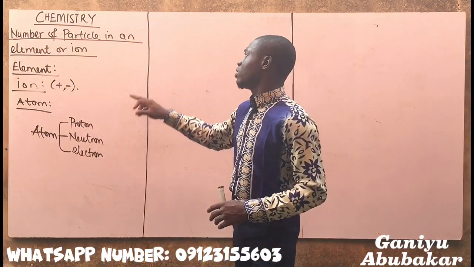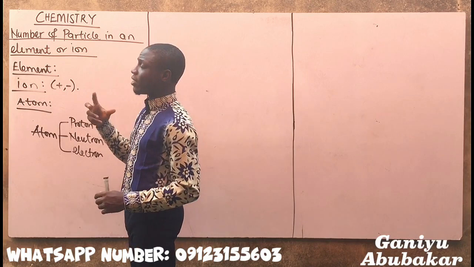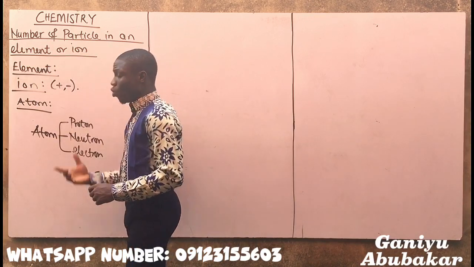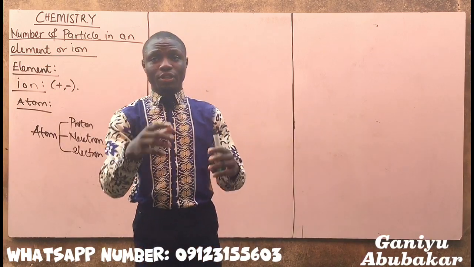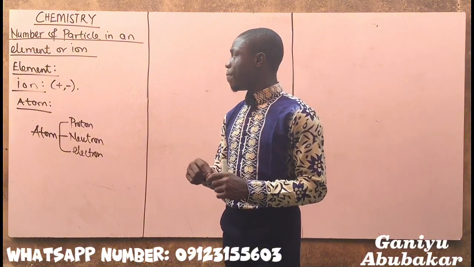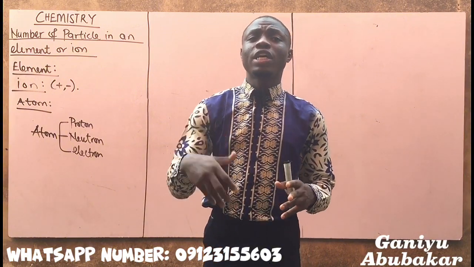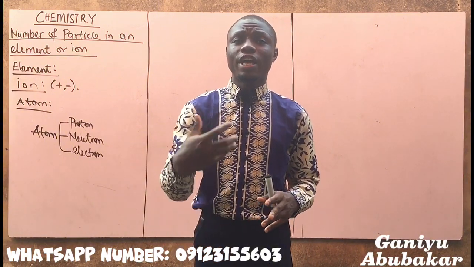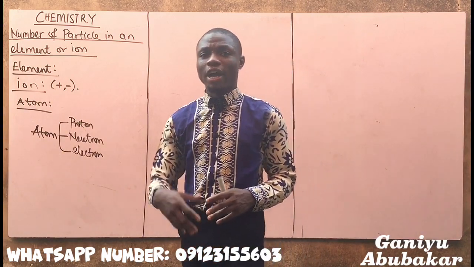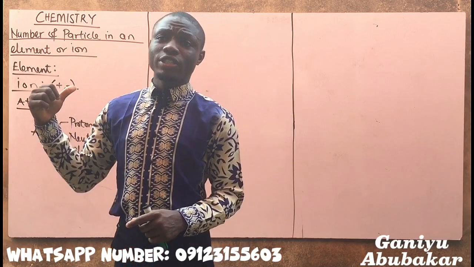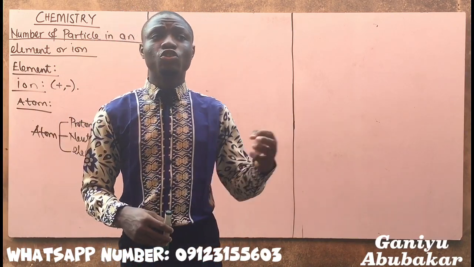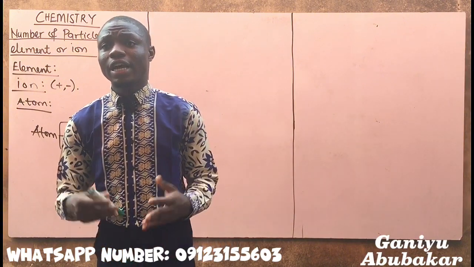So for this concept, what was our main task? The number of particles in an element or ion. Note, please: here we try to get the total number of electrons and protons in an atom of an element.